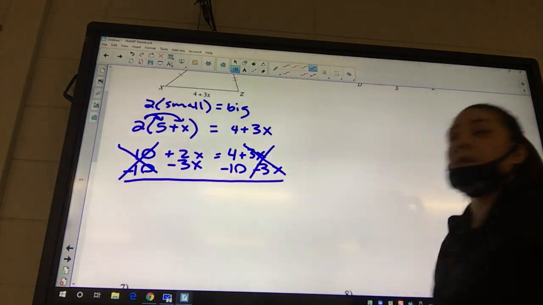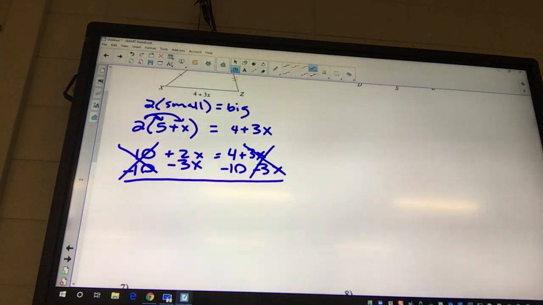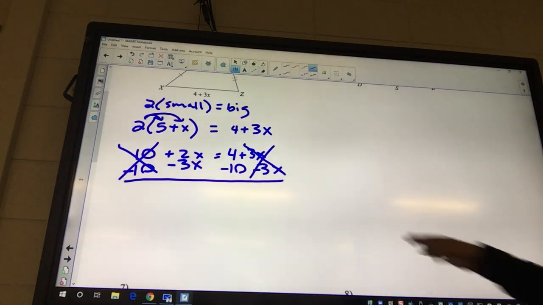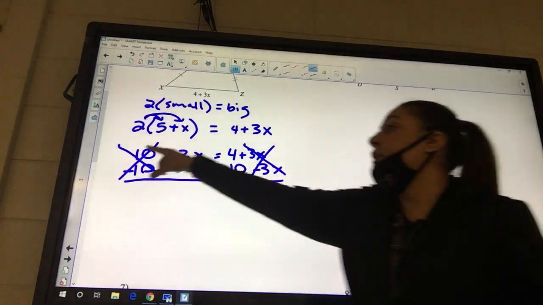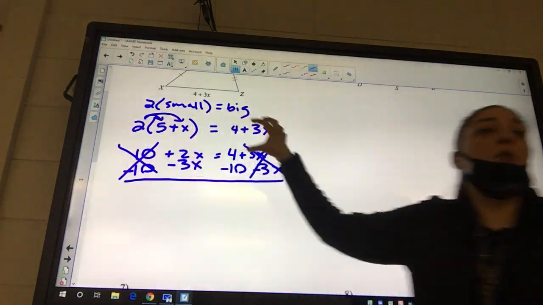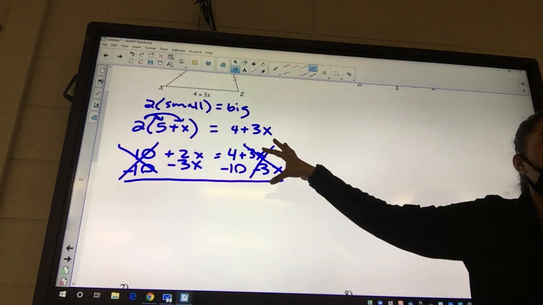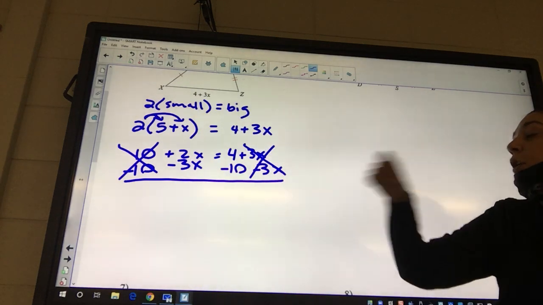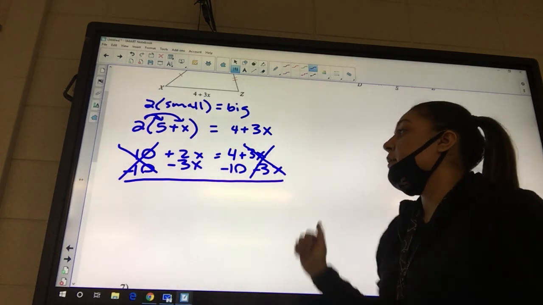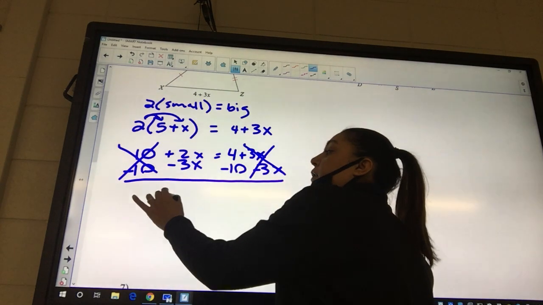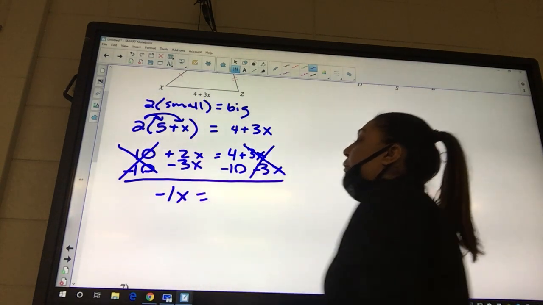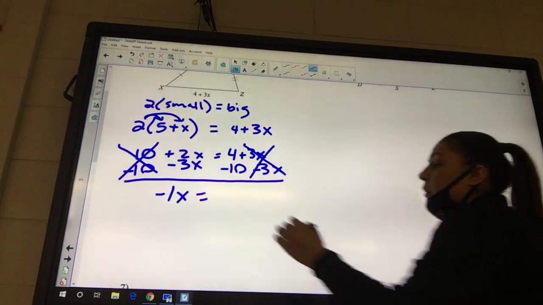Notice how I have 2 x's on both sides. Okay, so if you want to kind of skip a step and not have to do the math and then do the next step, you totally can. So I have an x here and I have an x here. I moved a number and I moved a letter. Does that make sense? Uh-huh. Okay, so 2x minus 3x, negative 1x. 4 minus 10, negative 6.